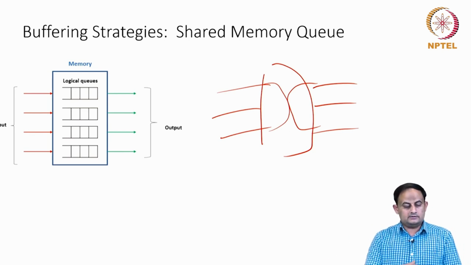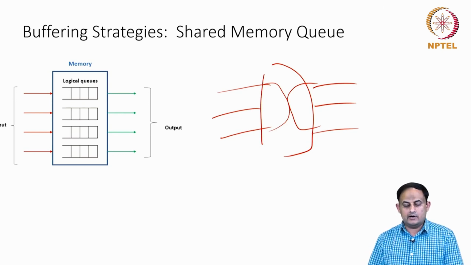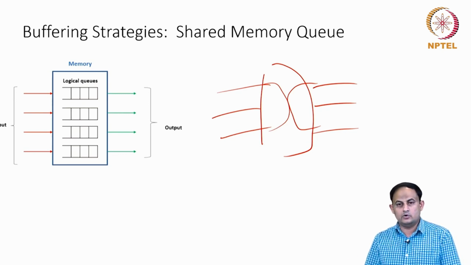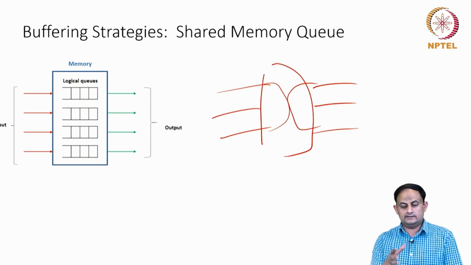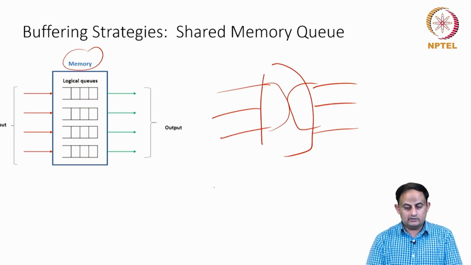And if there is bursty transmission, then you require a mechanism to hold those packets inside the switch. So, that is where buffering comes into the picture. This is fundamentally to handle the bursty traffic in the network.